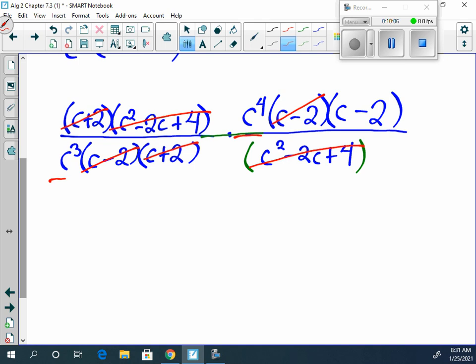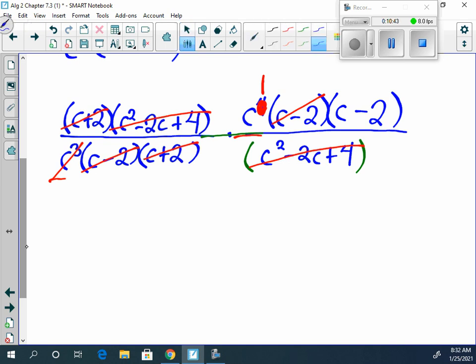Because we have c to the fourth and c to the third on top and bottom, yes? So 3 of the c's on bottom will cancel with 3 of the c's on top, yes? Or if we were doing it also, since the bases are the same, we subtract the exponents. So 4 minus 3 would be what? 1, yes? Which one was bigger, the one on top or the one on bottom? Top, so where's it going to stay? On top. So the ones on bottom cancel out completely, and I could mark this out and rewrite it as a 1 because that's how many we have left.